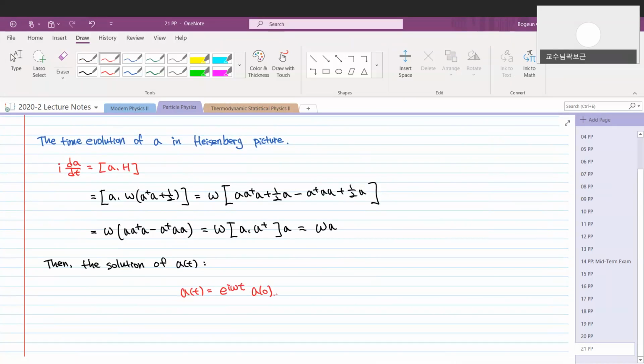So the operator a depends on time in such a way, exponential of minus i omega t, a kind of plane wave solution. So the operator a behaves like a plane wave solution in the time coordinate.